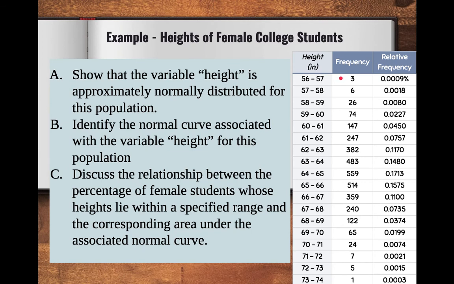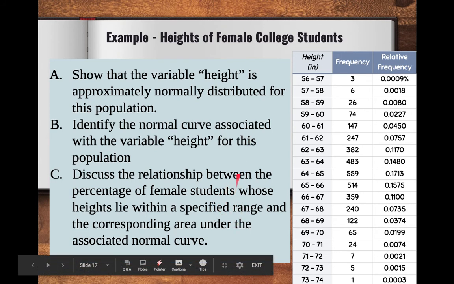So what we're going to do is look at this and see that it is normally distributed. We're going to identify a curve that fits this, and then look at what that really means.